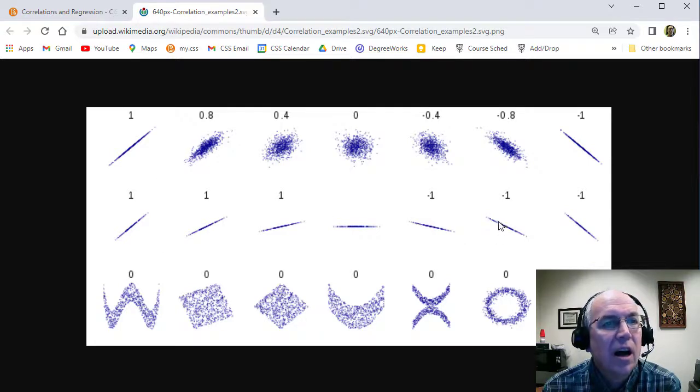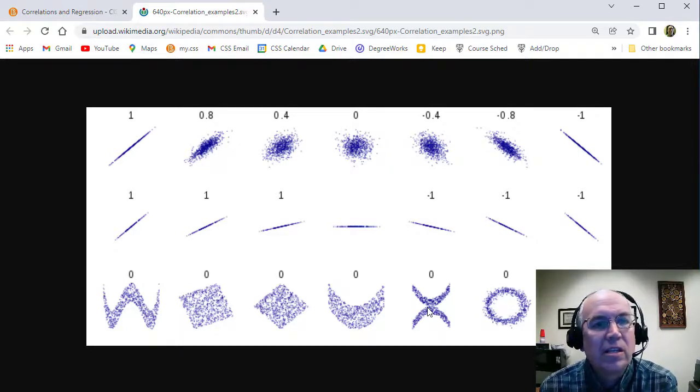So these are all -1s, and these are all positive ones on this side. The slope of the line doesn't matter, just how tightly the data points follow a line. Now they have to follow a line, they can't be other patterns, so these are not correlated with our linear correlation models.